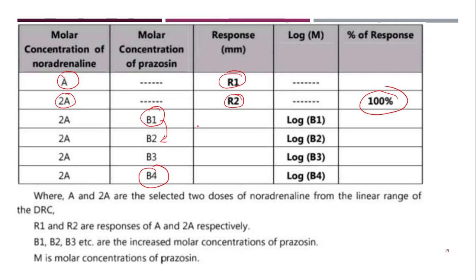It means that B1 will have the least concentration of prazosin, and B4 will have the most concentration of prazosin. Here it is shown that A and 2A are the selected two doses of noradrenaline from the linear range of the DRC. R1 and R2 are the responses of A and 2A respectively. B1, B2, B3, etc. are increased molar concentrations of prazosin. M is molar concentration of prazosin.